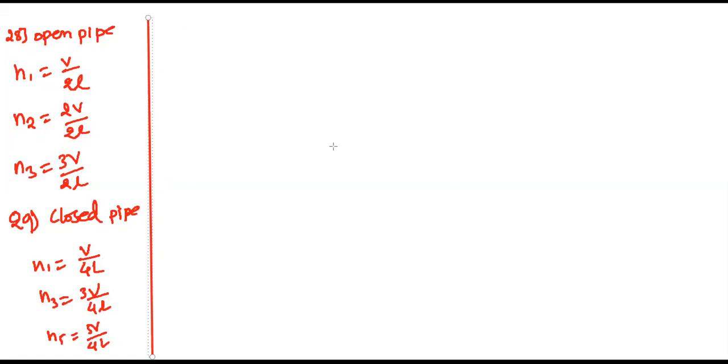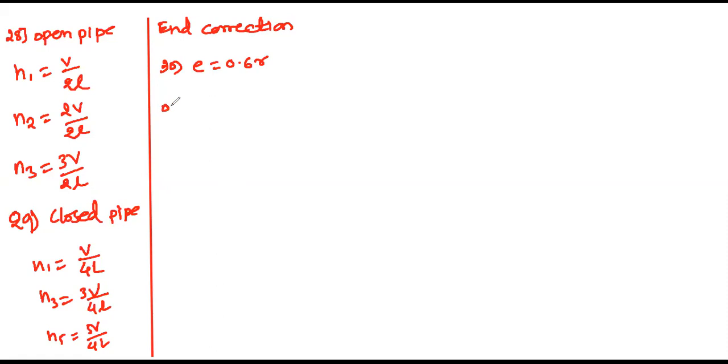Next, end correction, for open pipe and closed pipe. You know the end correction formula: e is equal to 0.6 R. Directly, I will write the fundamental frequency for open pipe and closed pipe.